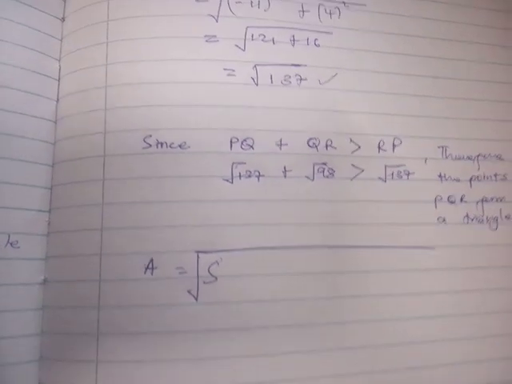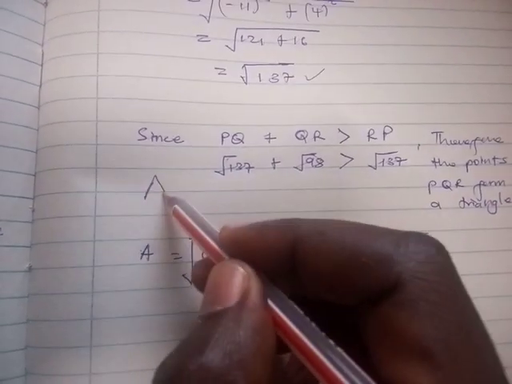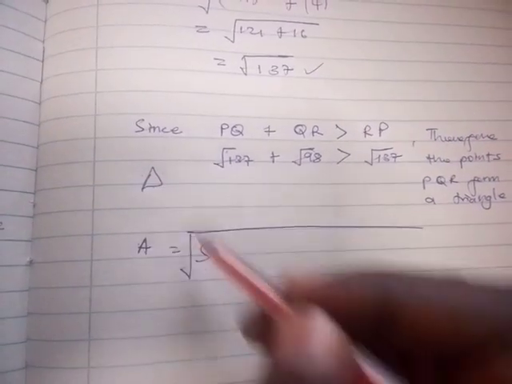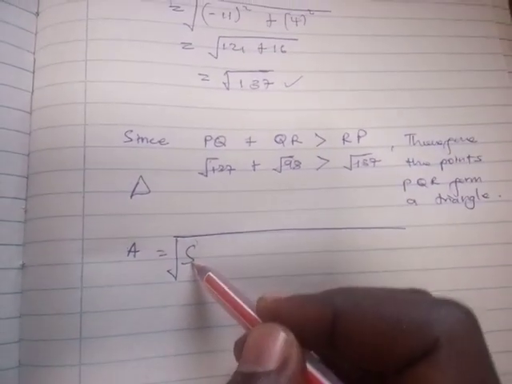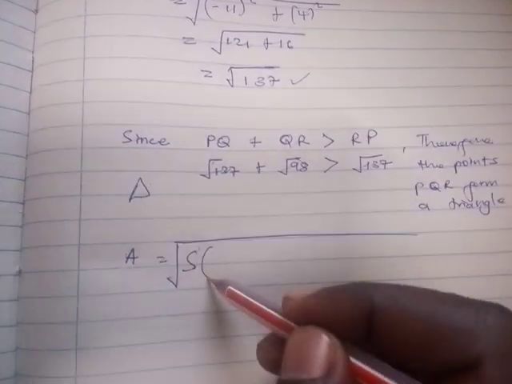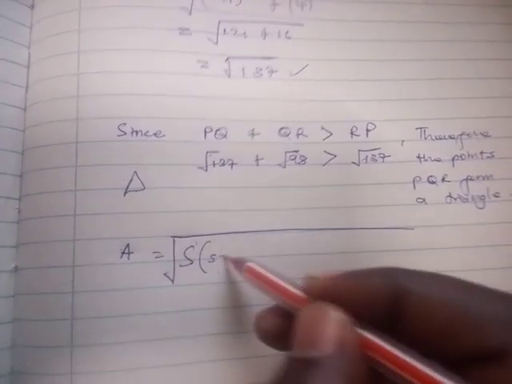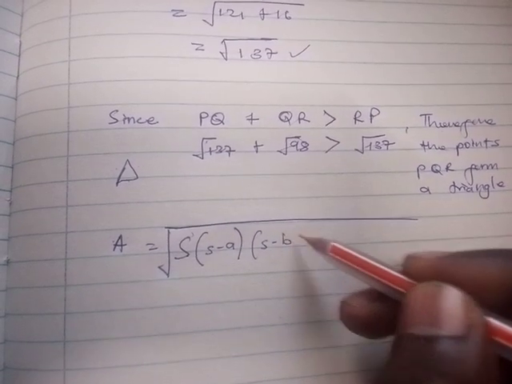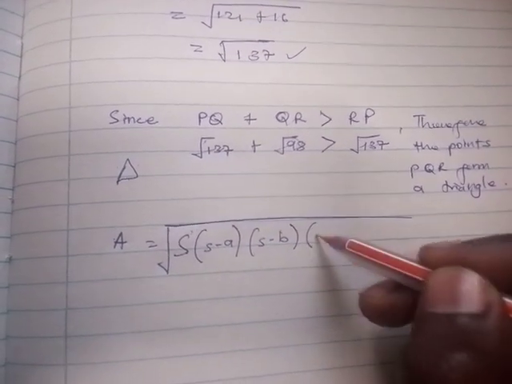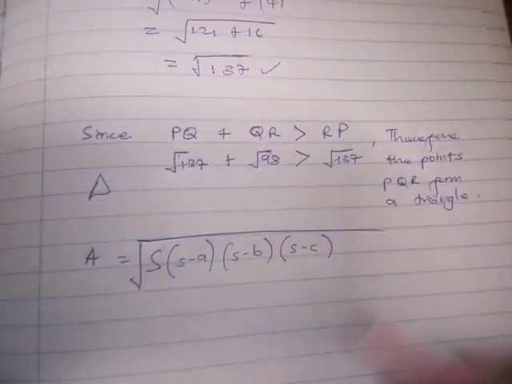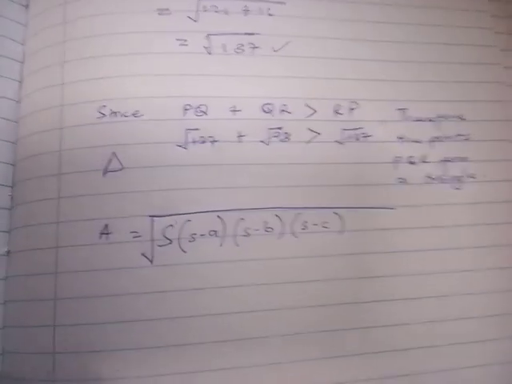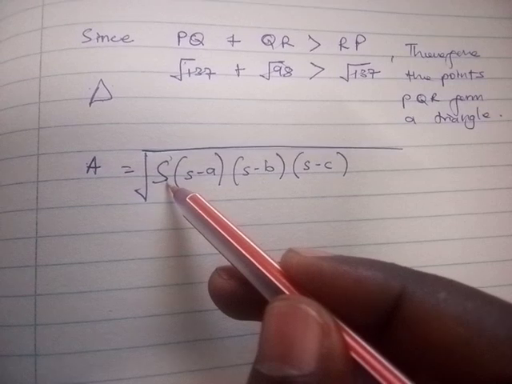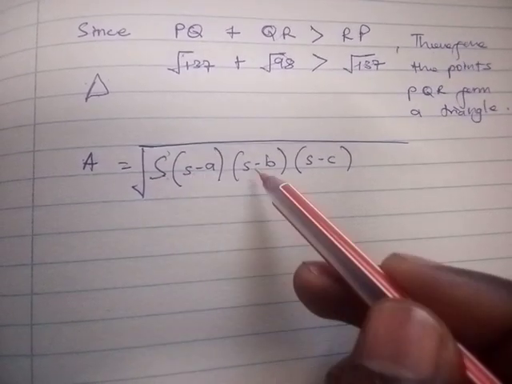So it means it is the perimeter of the whole triangle, this plus this plus this, then half of it is the semi-perimeter. So semi-perimeter into S minus a, where these ones are sides of a triangle, then S minus b into S minus c. I will substitute in this one. So the semi-perimeter is this S. It is the same S here.